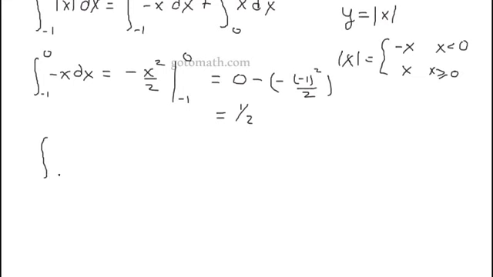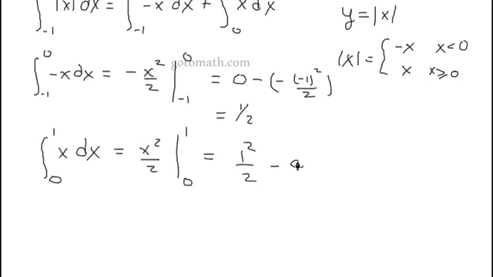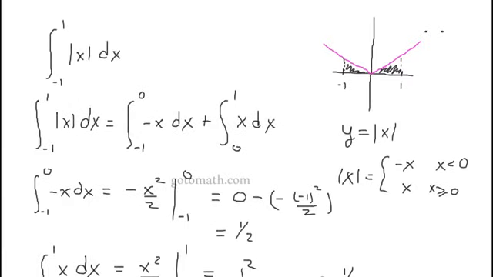Because our picture is symmetric, it should be a half also. dx is equal to, but we'll do it anyway, x squared over 2, going from 0 to 1, plugging it all in, and we get a half. Therefore, we have a half plus a half, and it should all equal 1.